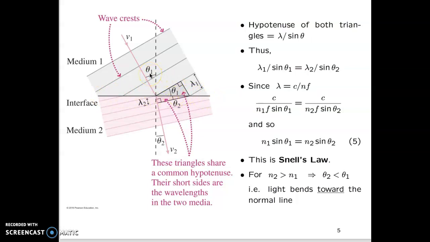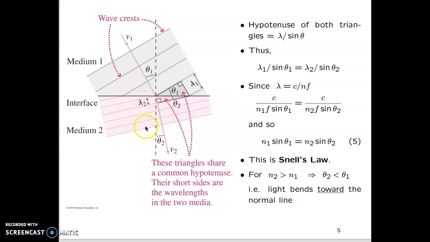So there's theta 1. And the distance between these lines, well, we've said that these are crests of the wave, so the distance between these crests must be the wavelength, lambda 1. Okay? So the wave goes from this medium, crosses this interface, and then it continues along.